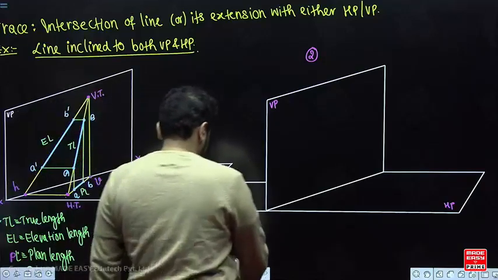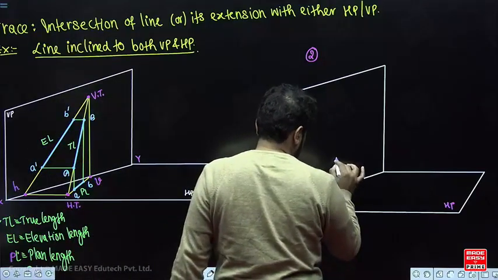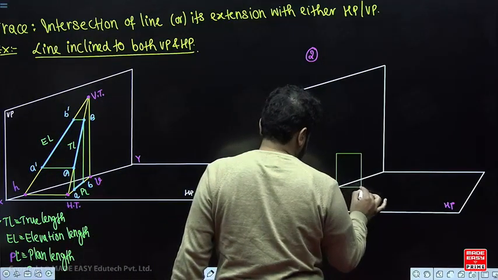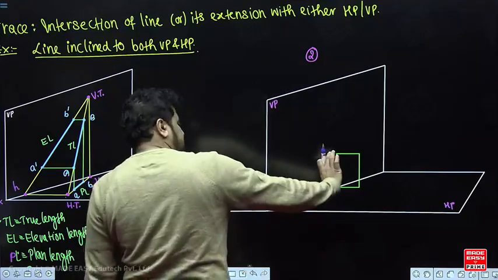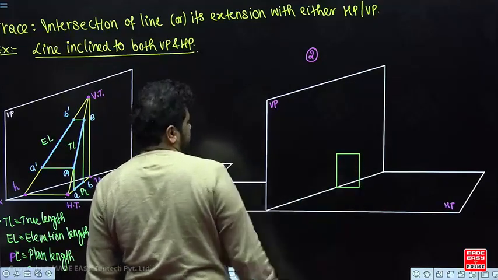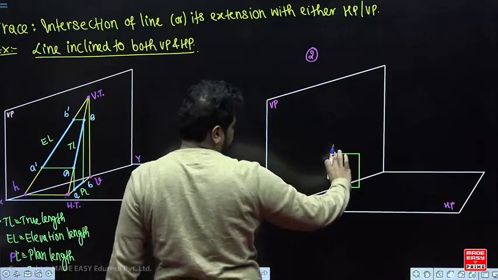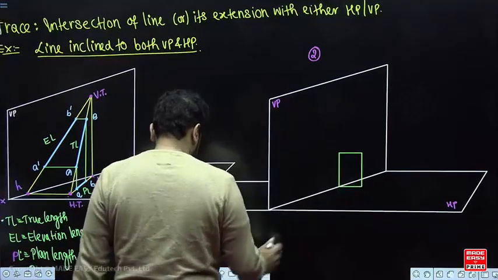Now, at any distance draw it like this, such that this height is greater than this width. This height should be kept larger as compared to this, right?